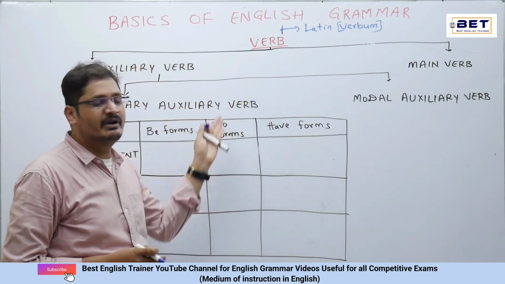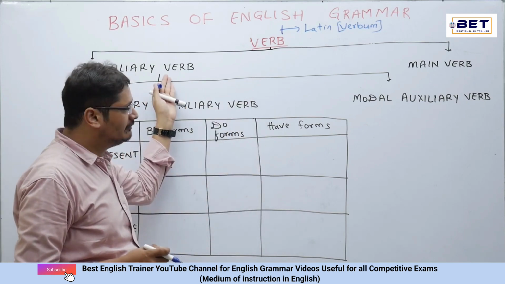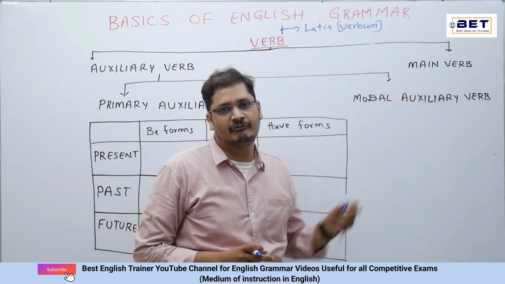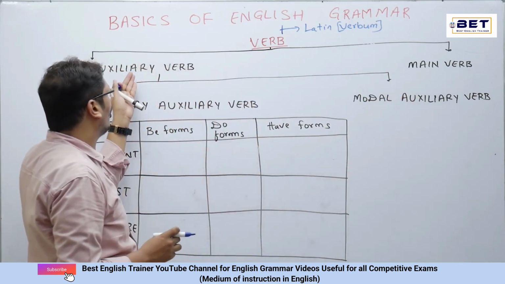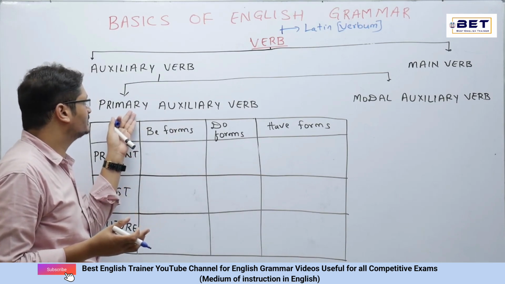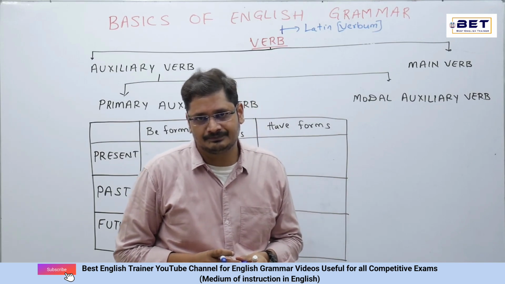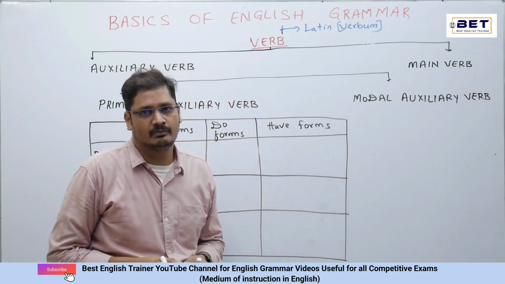This verb can be divided into two aspects. The first division is the auxiliary verb, and the second division is the main verb. Now, this auxiliary verb is again divided into two divisions. The first is the primary auxiliary verb, and the second is the modal auxiliary verb. Let's look into the primary auxiliary verb.